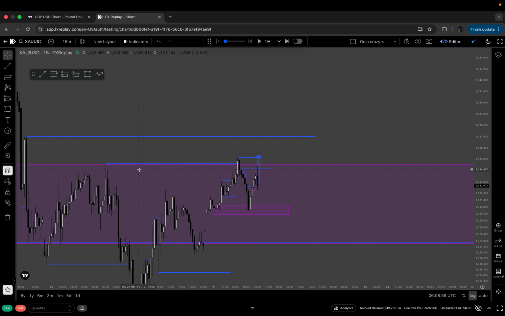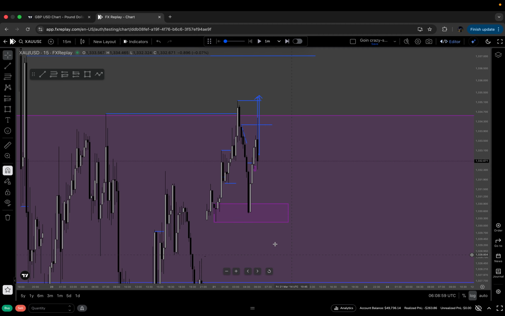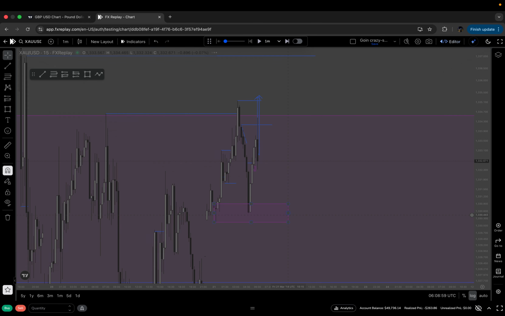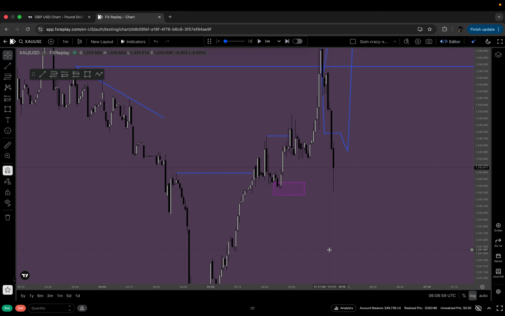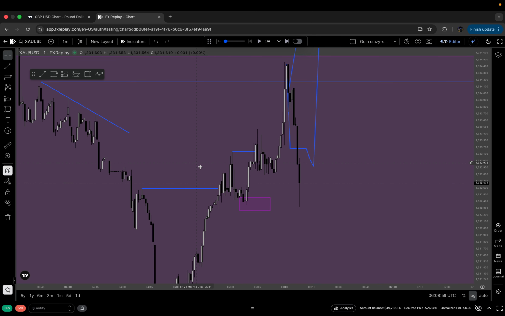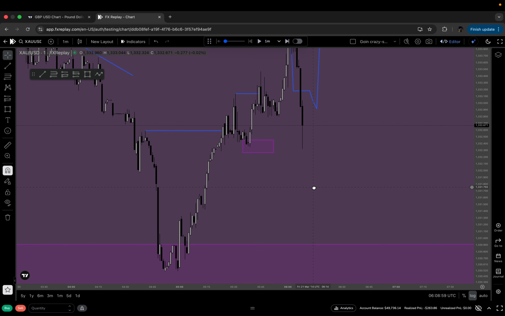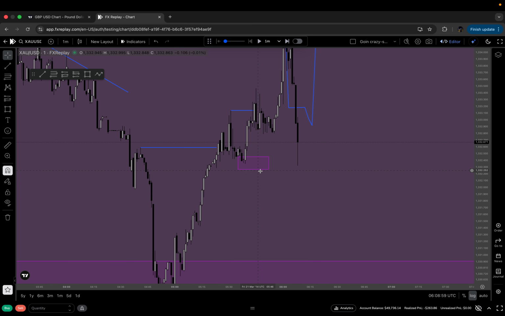We changed external structure on the 15-minute to bullish. We get that pullback. We get a reaction of our POI confirmed by the 1 minute breaking external structure. We get a pullback. We get a break of these highs once again. So therefore, this is now our protected low.